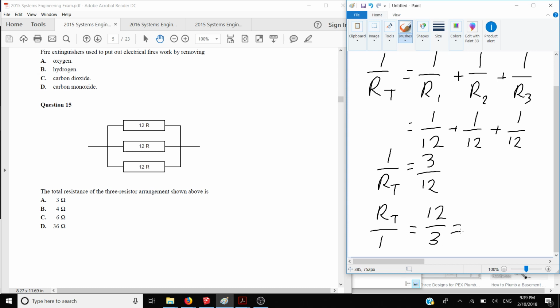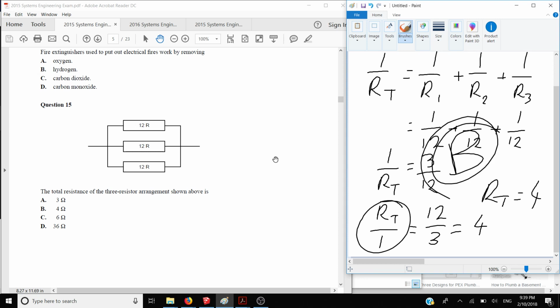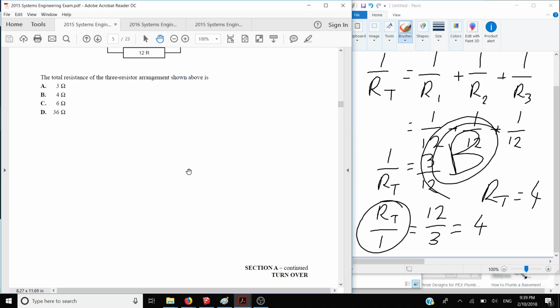What's 12 divided by 3? It's 4. So the resistance total equals 4. And anything divided by 1 is just itself, right? 1 by 1 is itself, 2 by 1 is 2, 3 by 1. So we just have resistance total. So it's 4 ohms. So the answer for question 15 is B.